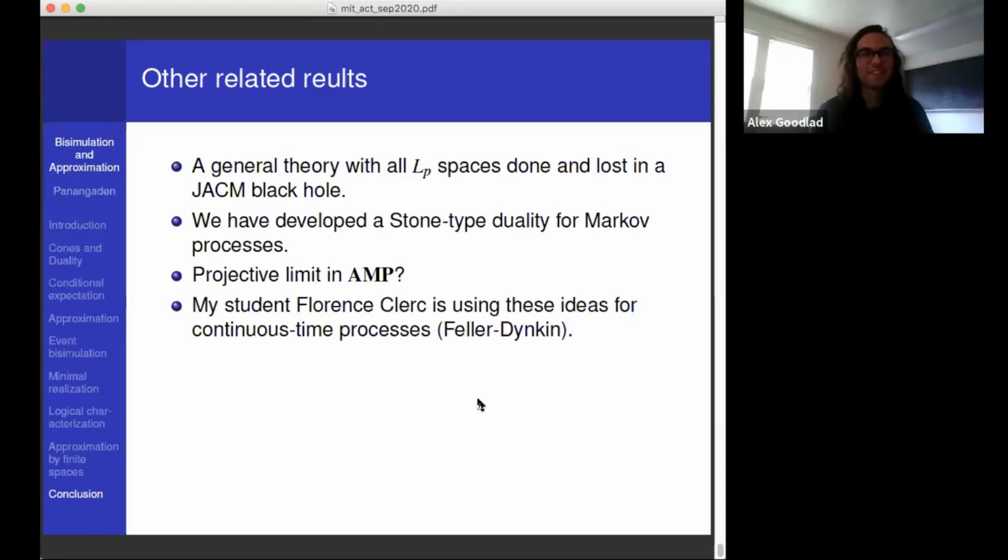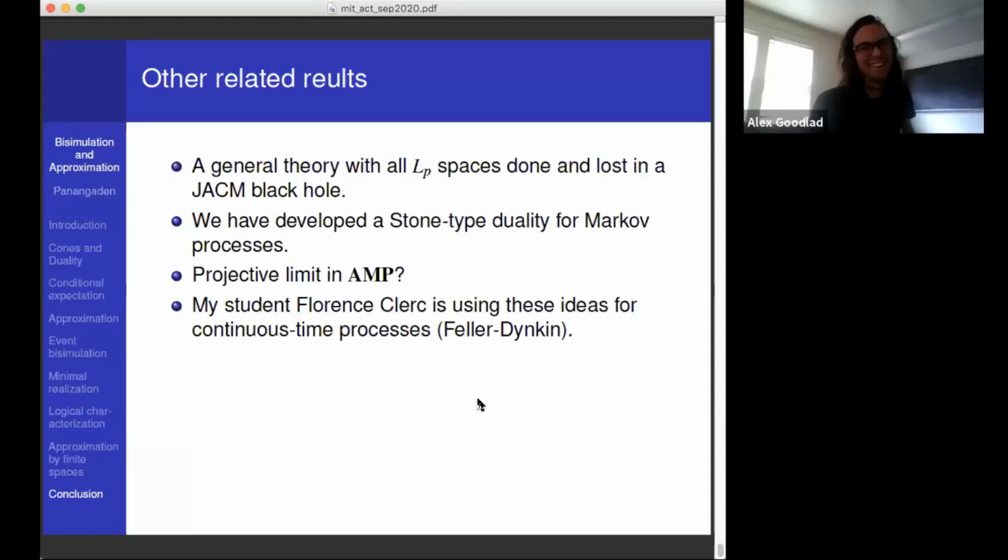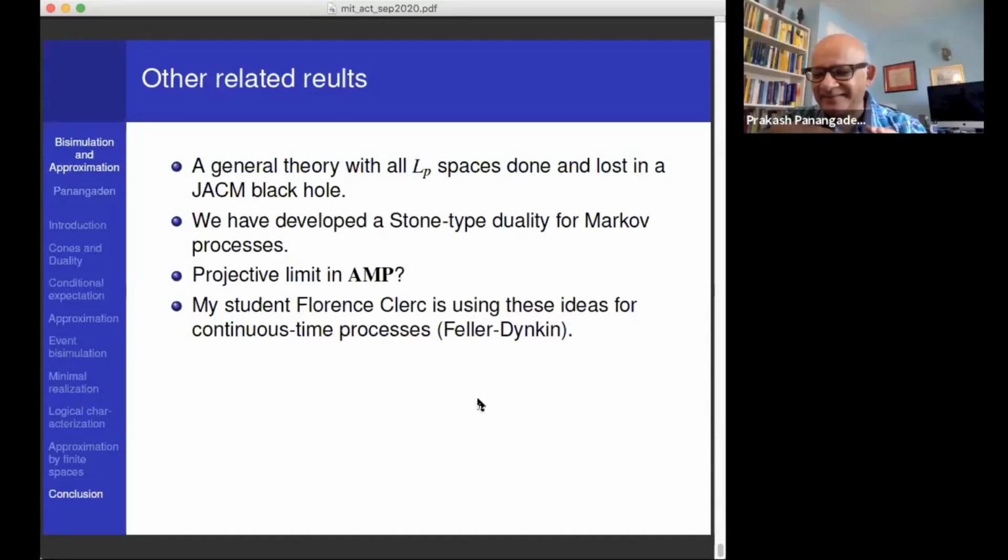So a lot of people who do practical things praise my work and never use it. There's a person famous for her work on probabilistic model checking, maybe the world leader, and she always puts up a slide with my name on it and says, Prakash has done this great stuff, but I've never actually seen it impacting anything she's doing. So maybe practical people have admired it, but not to the extent that they want to use it.